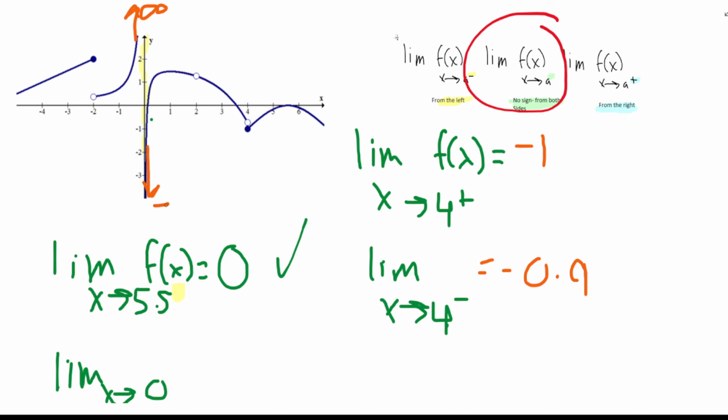Since it's pointing down very steeply, we can assume that it's approaching negative infinity. And since these y values are different, the limit of f of x as x approaches 0 from both sides does not exist. Because if you want a limit that exists from both sides, they need to be equal to each other. If they're different, automatically it doesn't work. So that is the very, very basic idea of how to solve limits, and I hope you found this helpful.